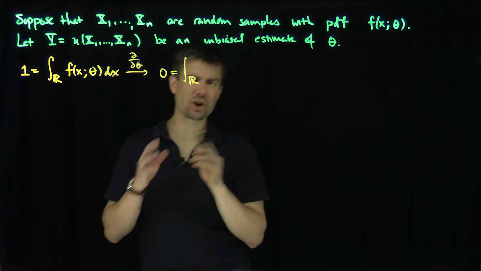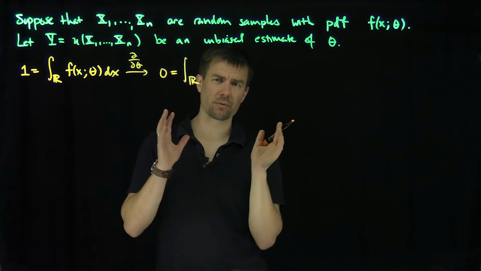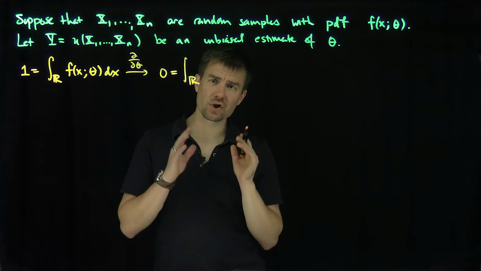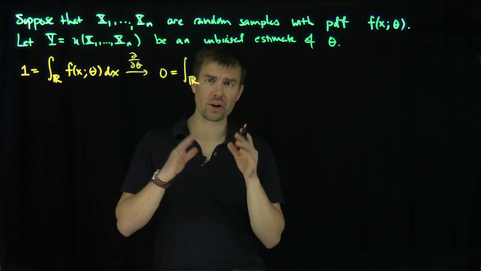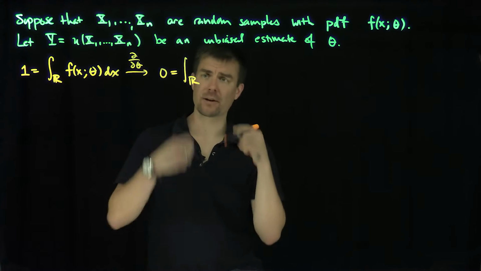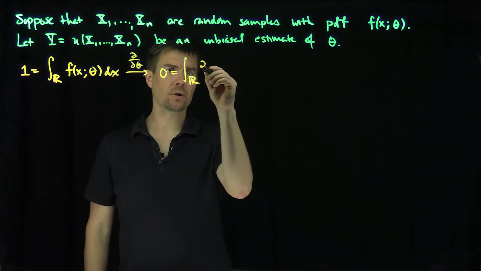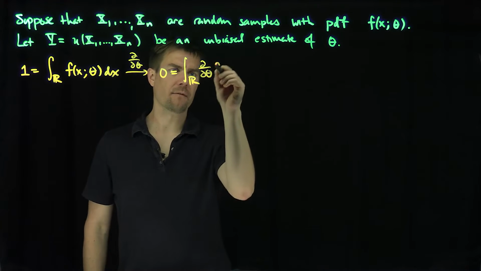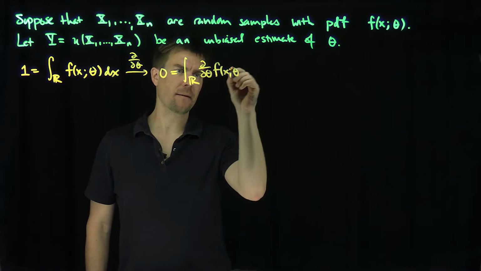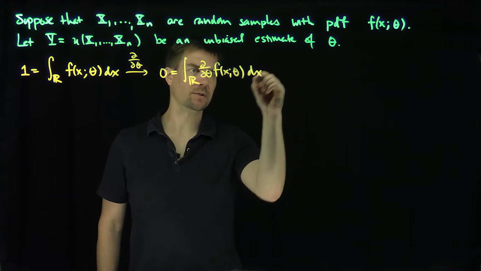Again, I'm assuming that I can interchange the integral and the derivative, so I need to put in some technical conditions, but we'll worry about what conditions we need later.